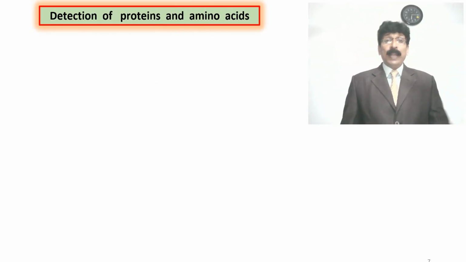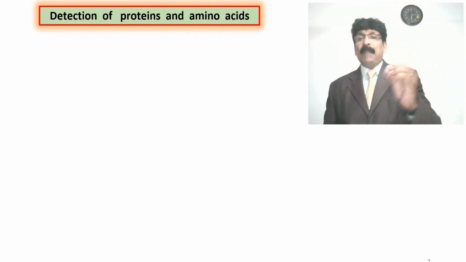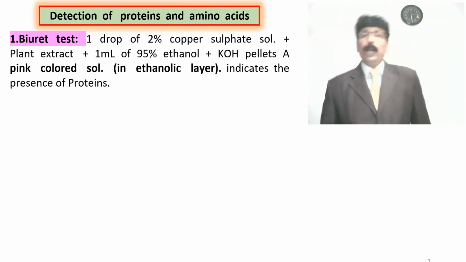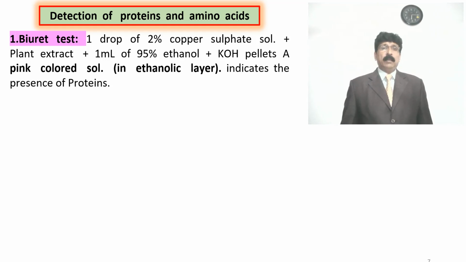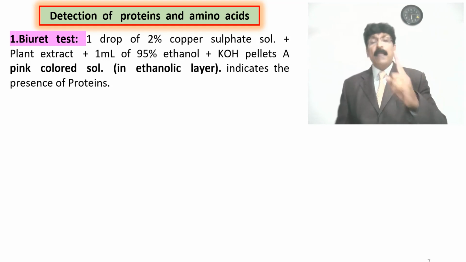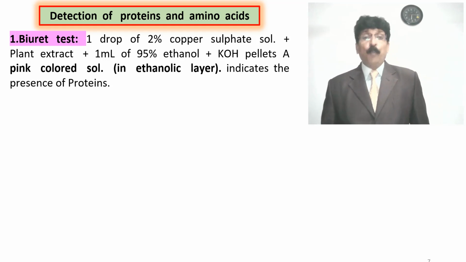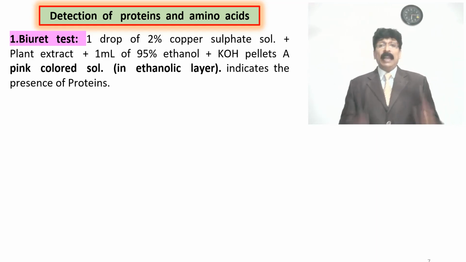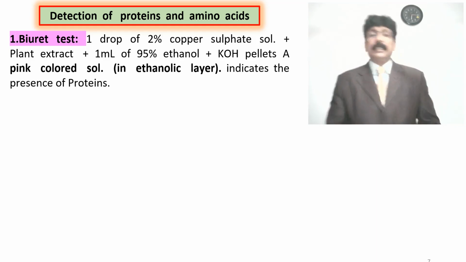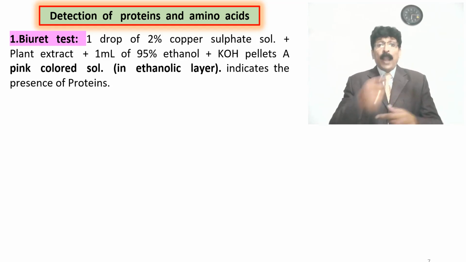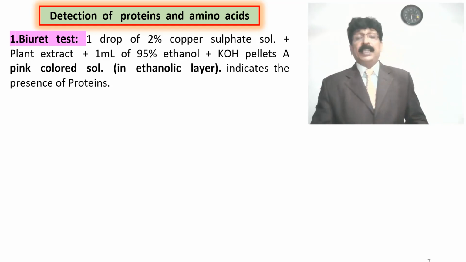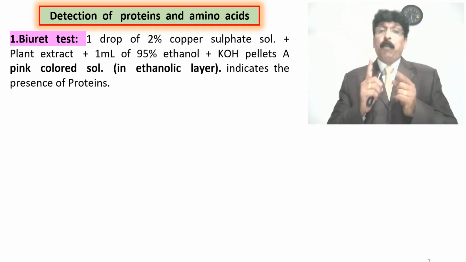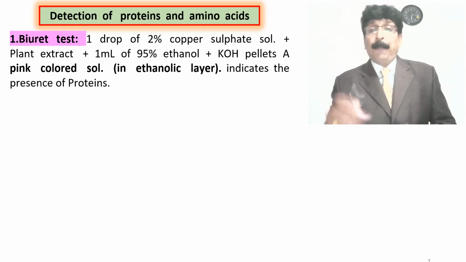Now, detection of proteins and amino acids. What are all the chemical tests? Number 1, Biuret test. In the Biuret test, 1 drop of 2% copper sulfate solution is added to the plant extract, and add 1 ml of 95% ethanol and potassium hydroxide pellets.